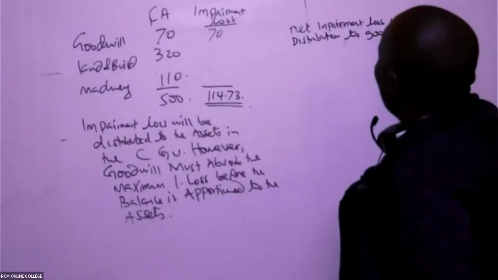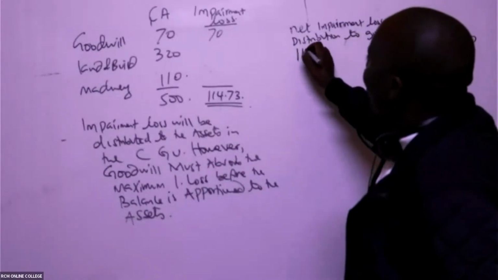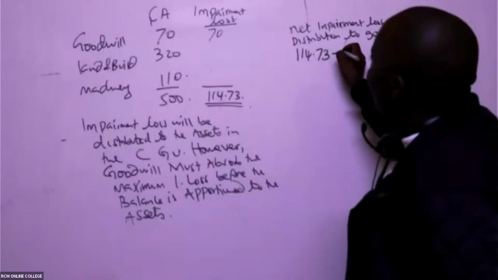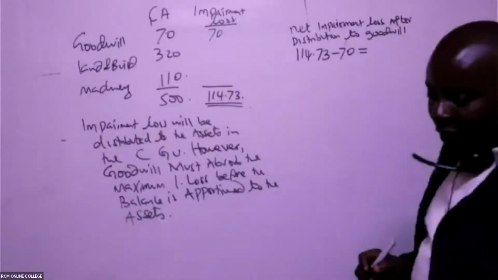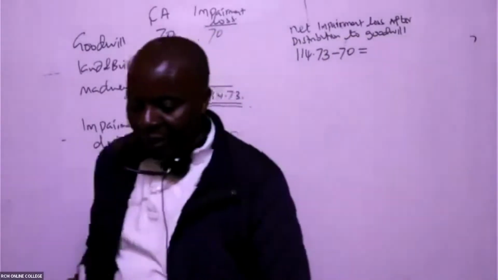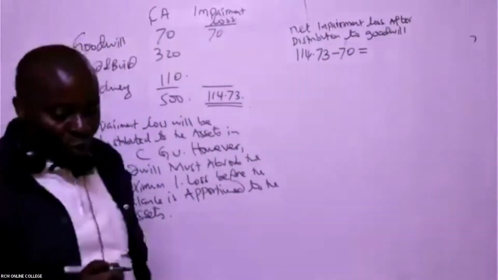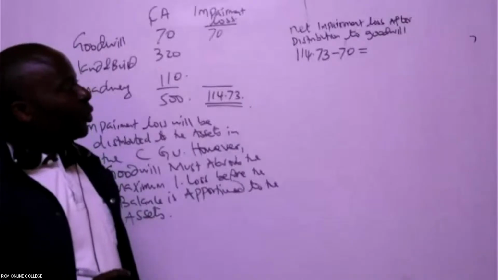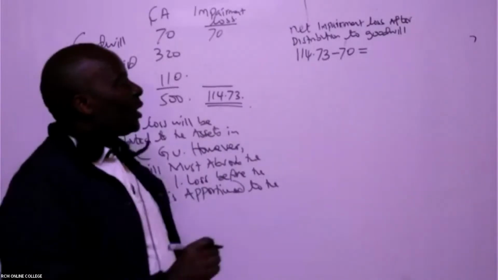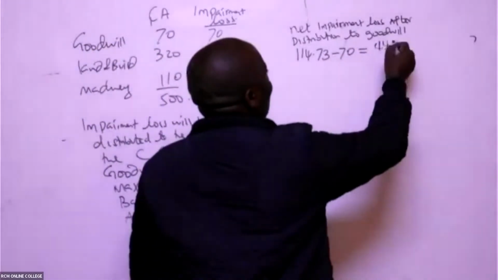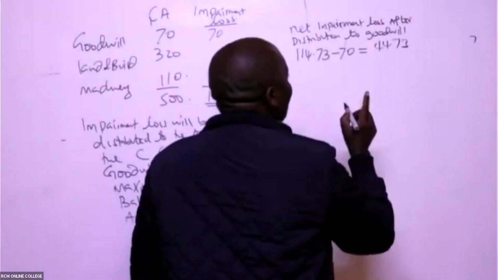After distribution to goodwill, the net impairment loss is 114.73 minus 70. Are you able to give me this figure? After distribution to goodwill, because goodwill must be extinguished. So this gives us 44.73.